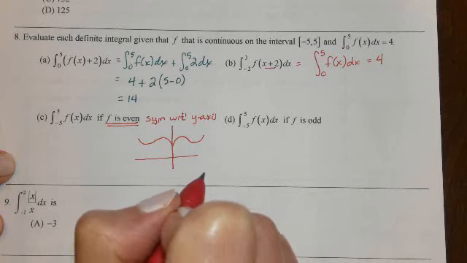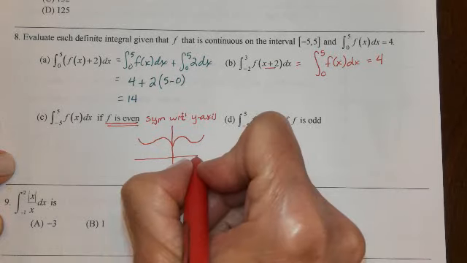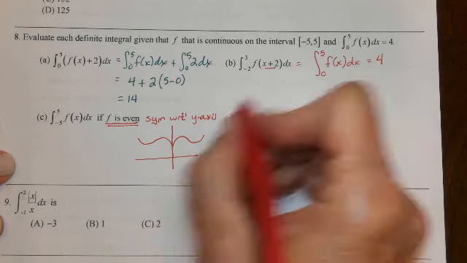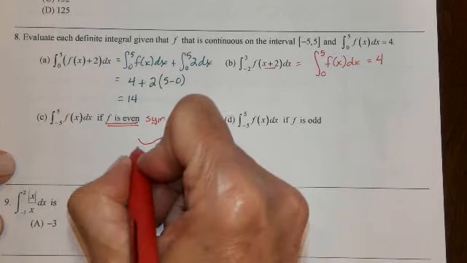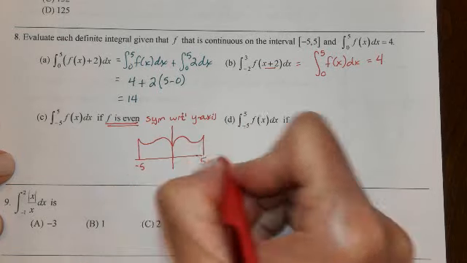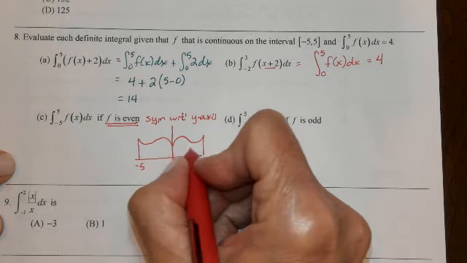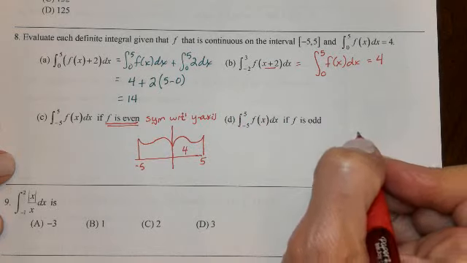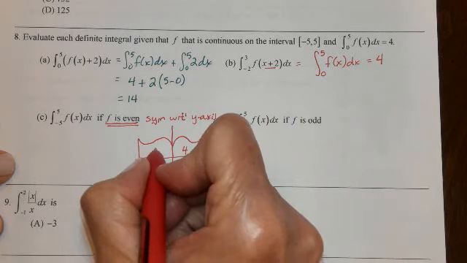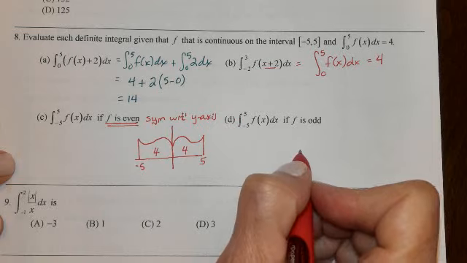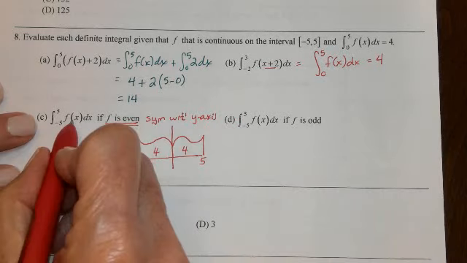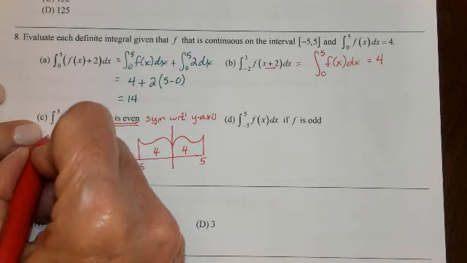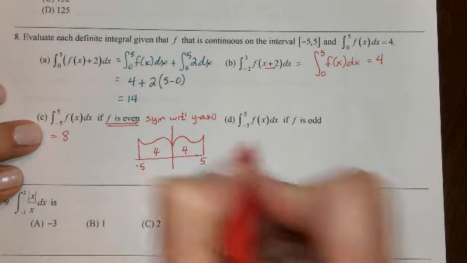So one way it can be symmetric with respect to the y-axis. So if we're looking at 0 to 5 here, so let's say that's 5, then this would be a negative 5. This area is given to us to be 4, right? So this area has got to be 4 as well. So our integral here has got to be 8.